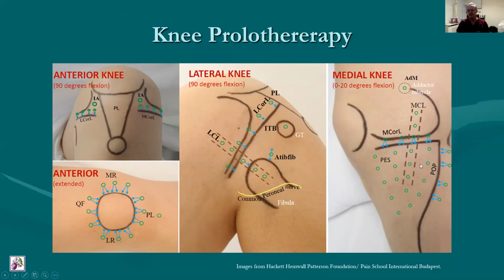On the medial side of the knee, you've got several sites of injection around the pes anserinus and bursal area, with the medial collateral ligament, origin and insertion, and the medial coronaries with the adductor tubercle. Popliteus insertion is often injected on the medial, posterior border of the tibia also.